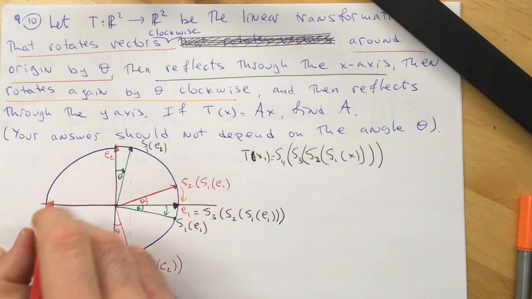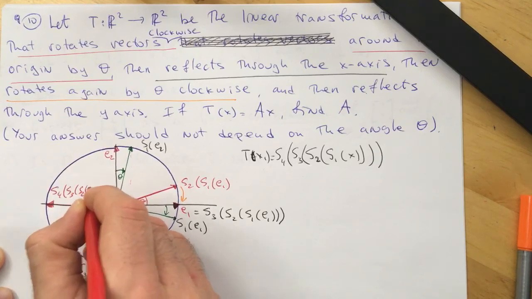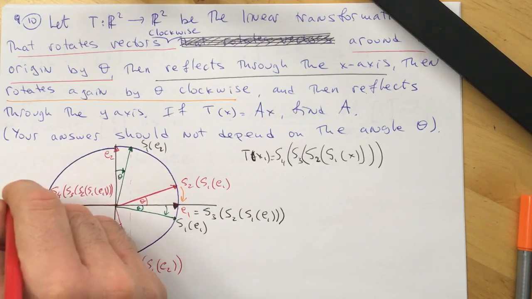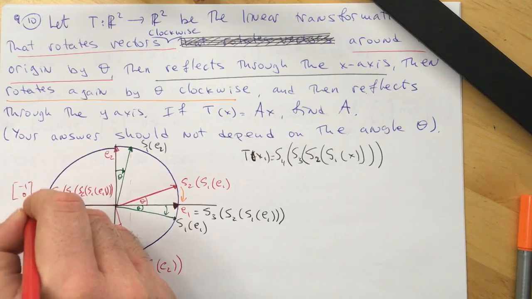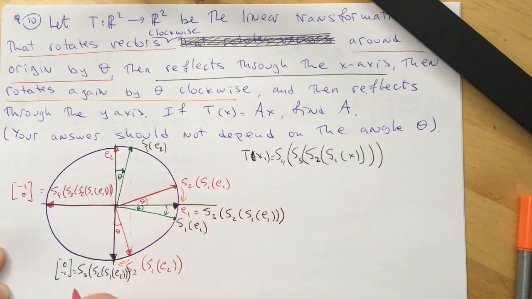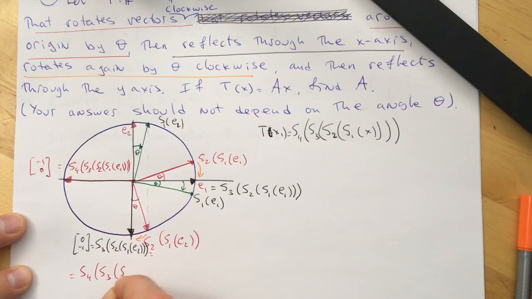So this is S4 of S3 of S2 of S1 of e1, and that's just the vector (-1, 0). And this one, because it lies on the y-axis, is not going to move from here. So this is S4 of S3 of S2 of S1 of e2.